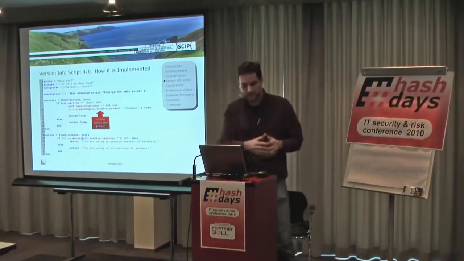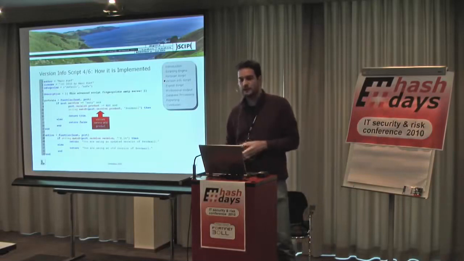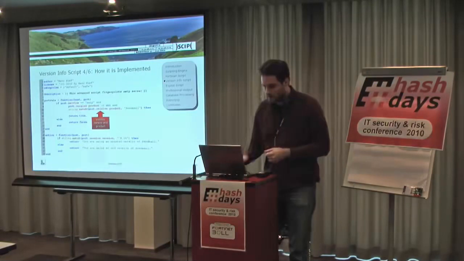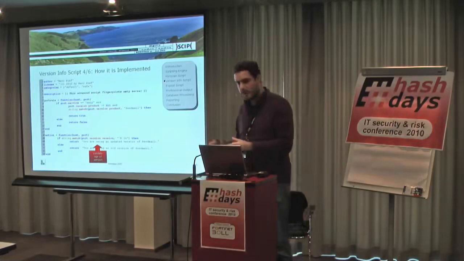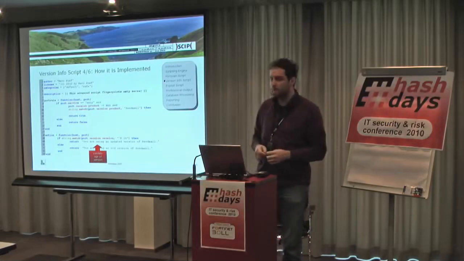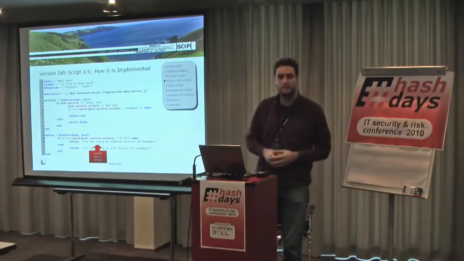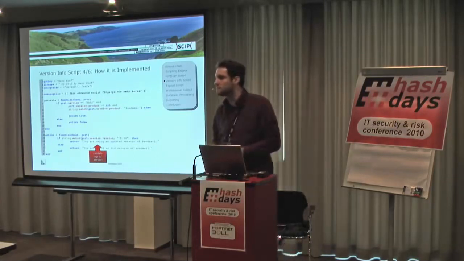In this case, we expect SMTP, and we say the port version product must be sendmail. Afterwards, we use regular expressions to identify the version number of sendmail, and if it's 8.14, then it's a current version, and if not, it's not a current version.